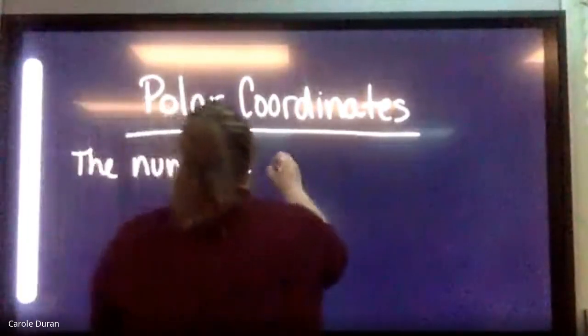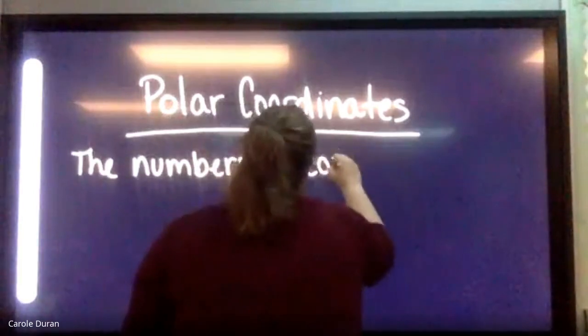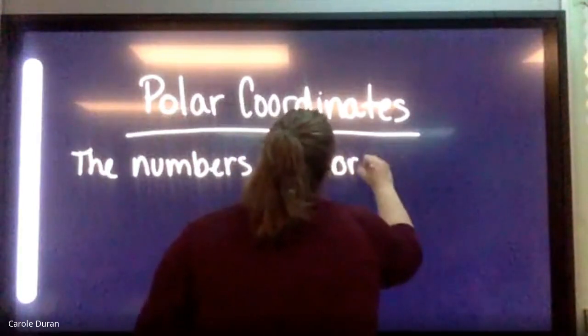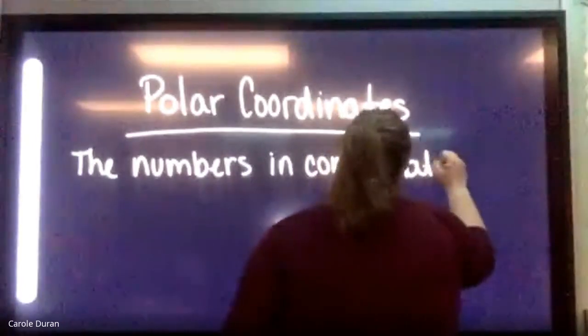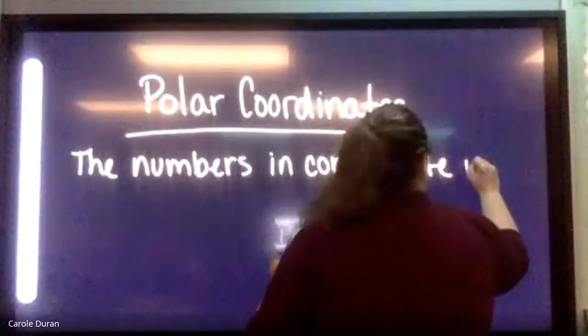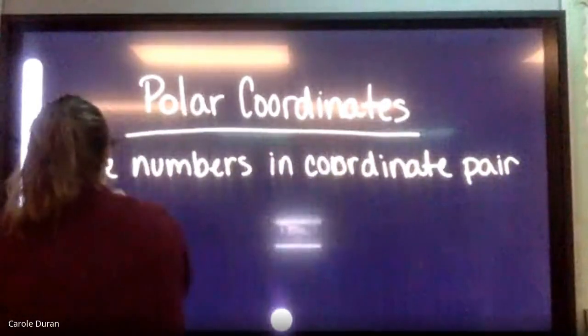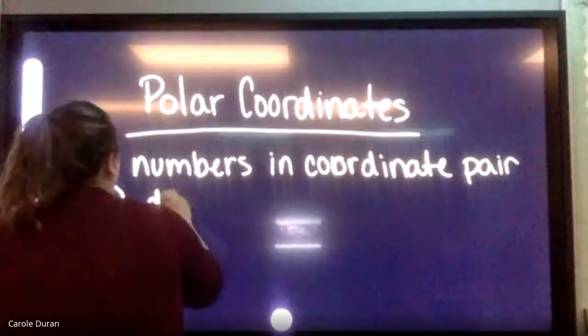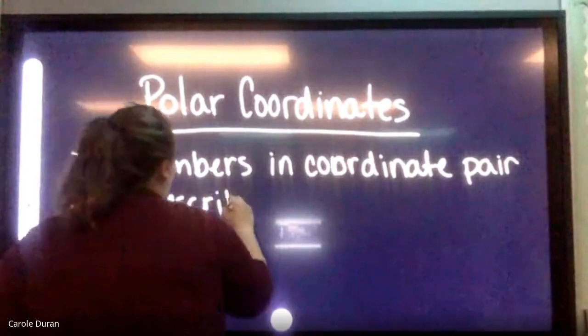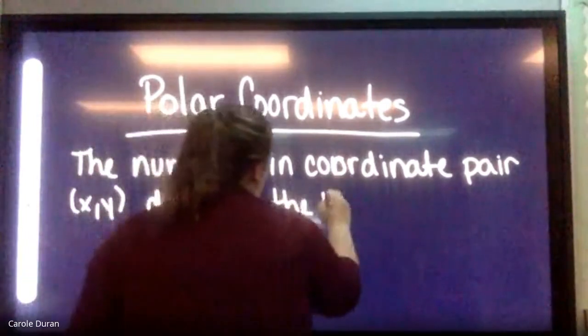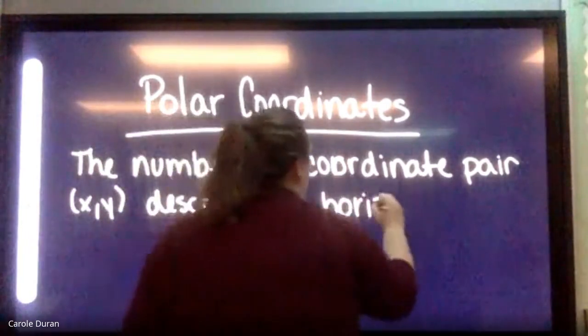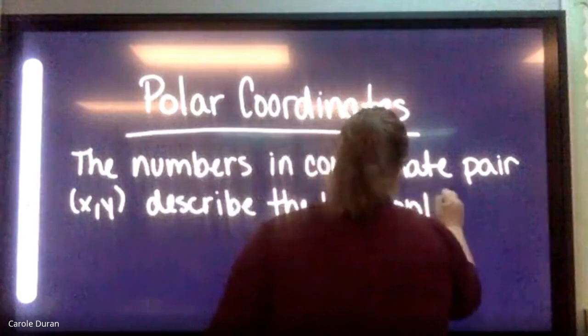So we have been working with numbers in a coordinate plane that are identified by the rectangular point xy. These rectangular points describe the horizontal and vertical placement of that point on my rectangular grid.